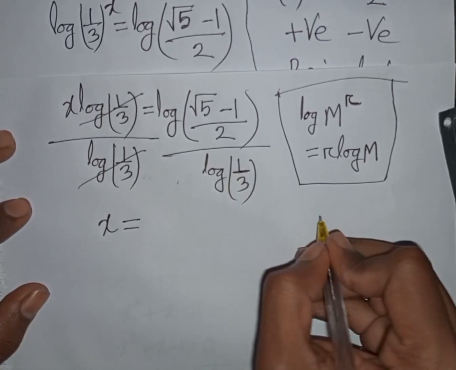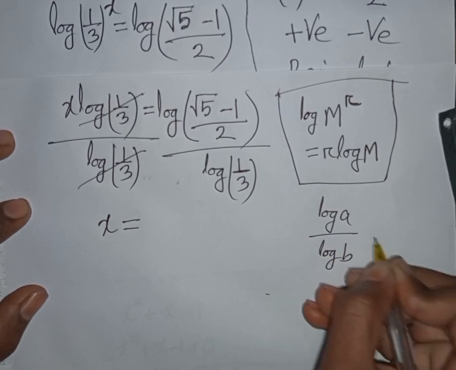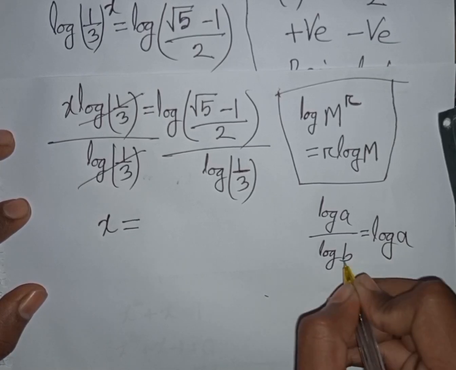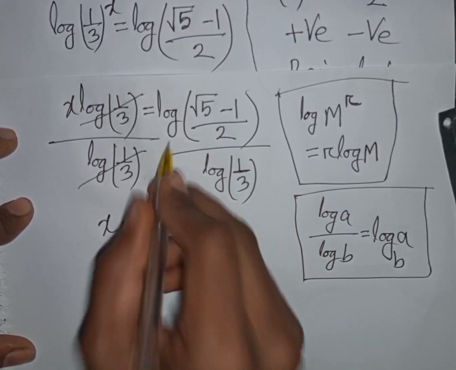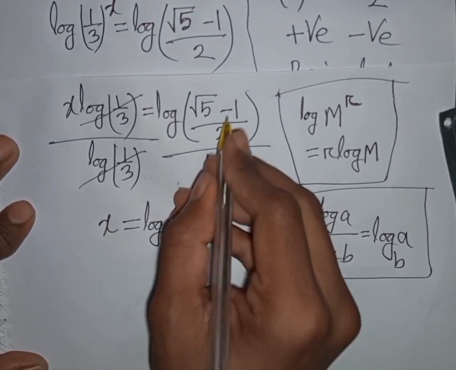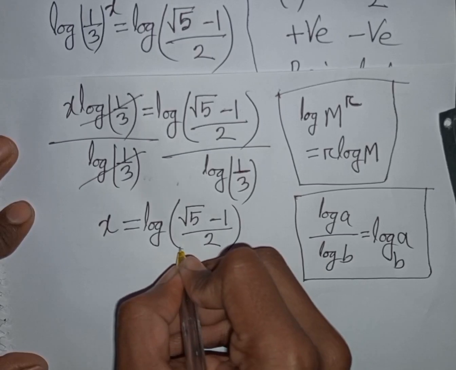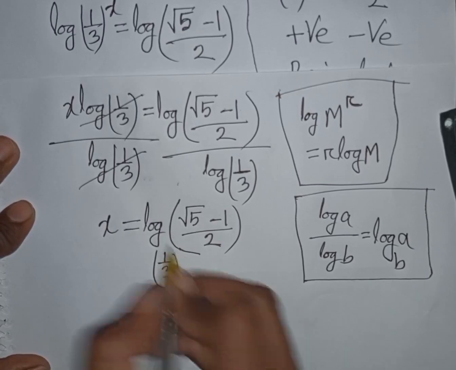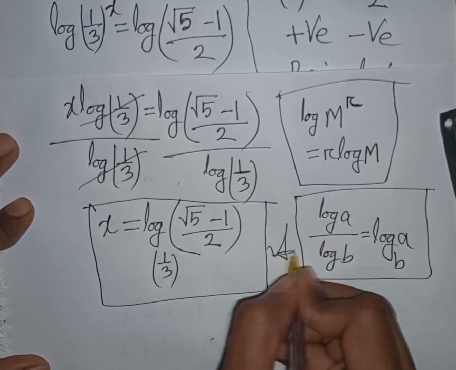That means here I can apply the formula log a divided by log b is equal to log a base b. So x is equal to log of (square root of 5 minus 1) over 2, base 1 by 3. So this is the value of x, this is our final answer.